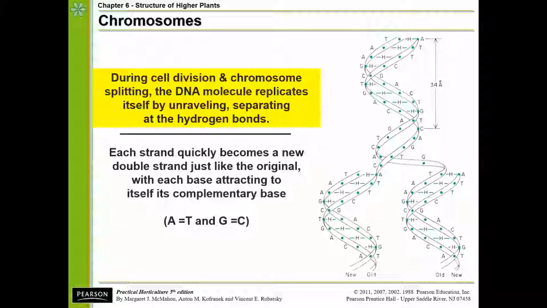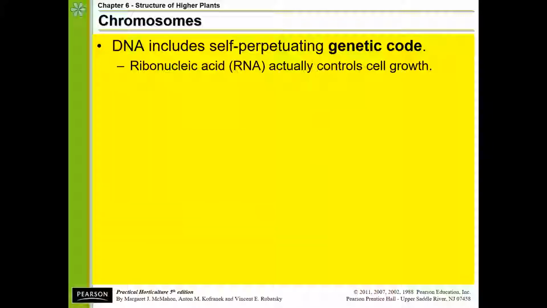It's important to recognize the similarities and the differences between RNA and DNA. So the RNA actually does control the cell growth because it is how it's translating and causing different DNA to be, again, it's the translation template to be transcribed.